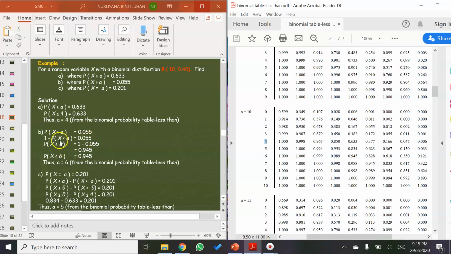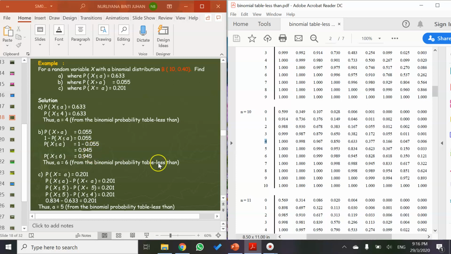So now you need to rearrange the position of these probabilities and the values. You take this value over here, you can bring it to this side, and this probability you can bring over to this side. After you rearrange, you get this structure. So now probability X less than or equal to a equal to 1 minus 0.055. So you get 0.945.